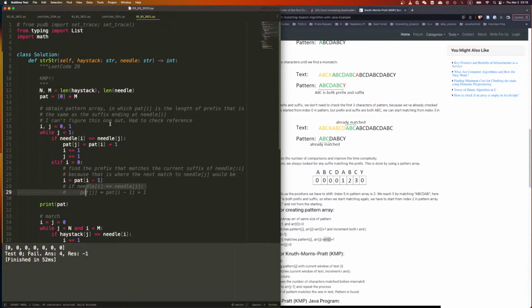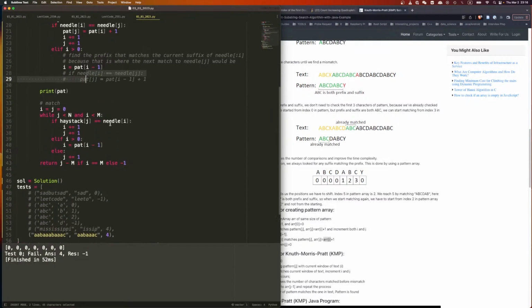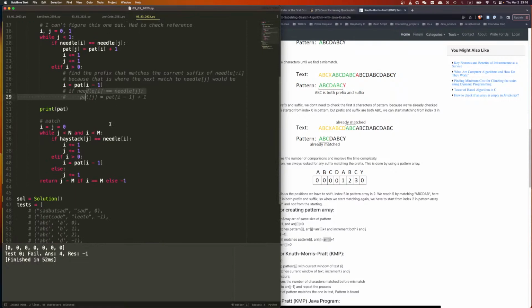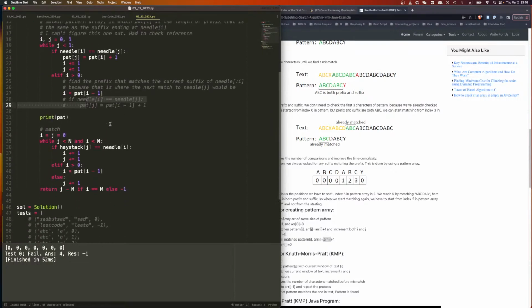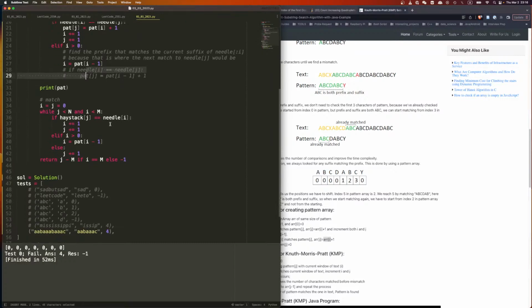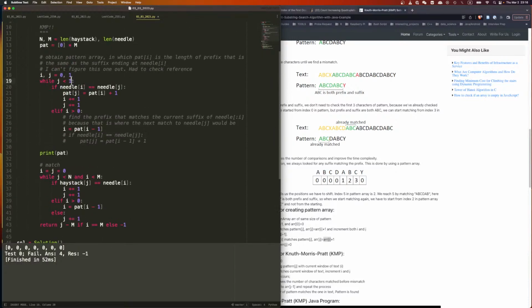Nope, it's not right. Didn't make any sense, huh? J starts with 1. Well, the first one's not right. J is here. Oh, J is smaller than 1. Nope.